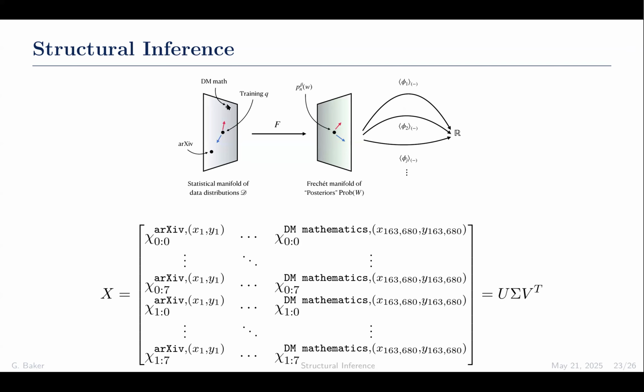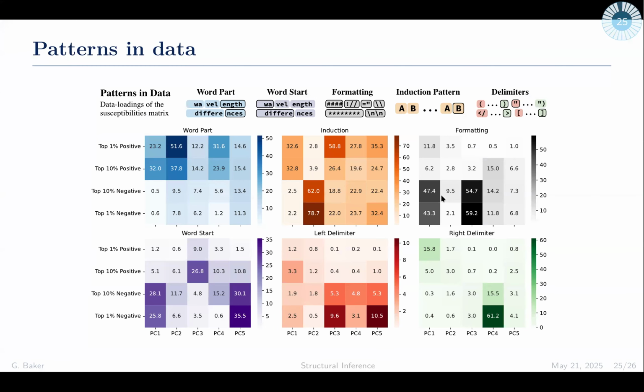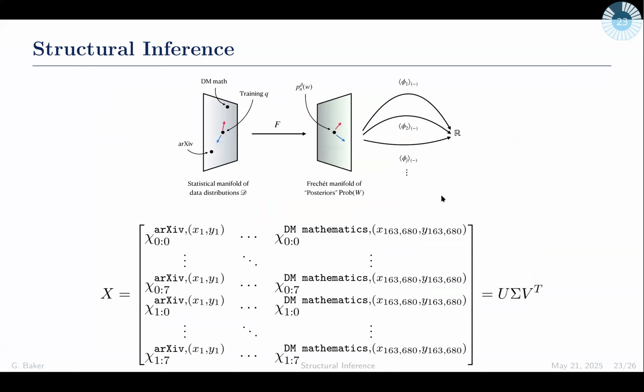Yeah. So now this is technically the transpose of what we promised, but you don't have to care about that. Now we get to results. Well, we do the SVD of this, and then we get to results. And this is the patterns in the data component of the SVD. So we look here.